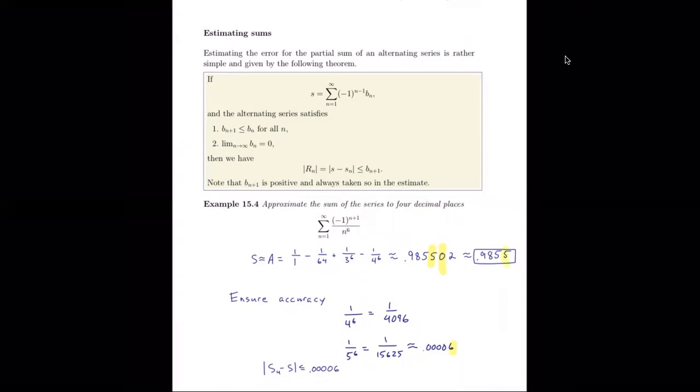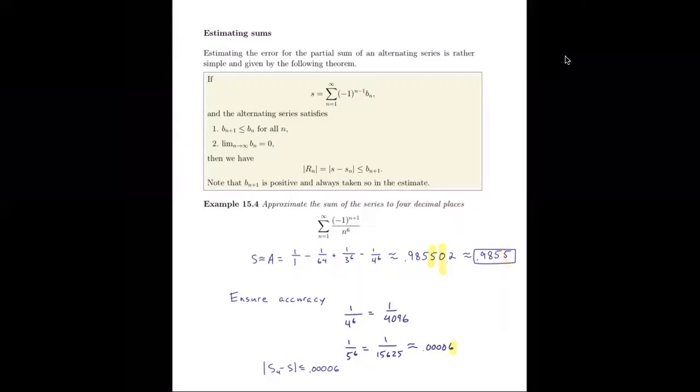But I think we'll have some error tolerance in especially the written assignments that we do, and perhaps even in WebAssign. So probably the best in this case would be to take this all the way down, add the 1 over 5 to the 6th term, because it does affect how that rounds, and then we'd have it correct to 4 decimal places. So I cut off a little too soon here, but it's good to notice that based on the situation.